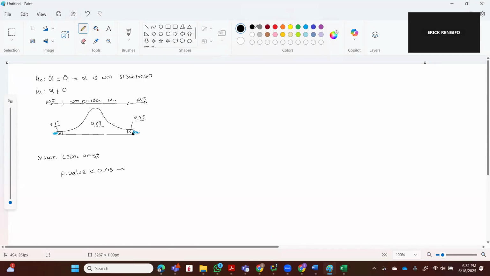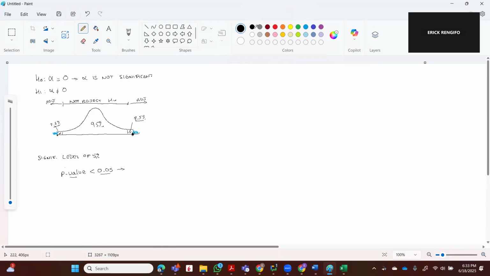Guys, if I sum the blue parts from the red dot to the right and here to the left, and compare the sum of the blues to the sum of the blacks, which one is larger? The blacks. So the p-value is the blue, and this one here is my significance level.